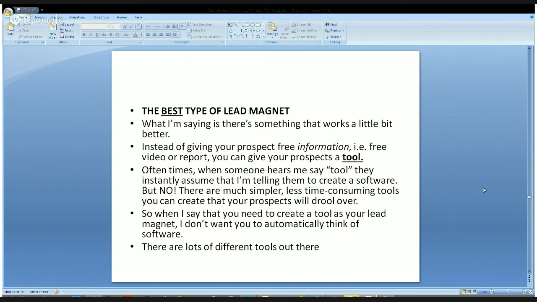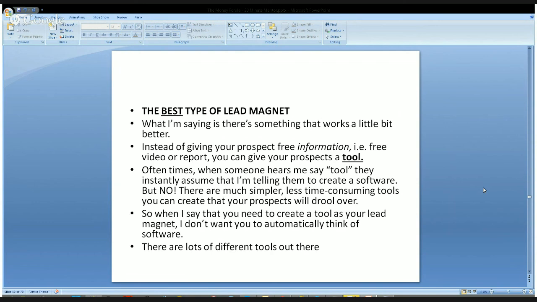Now, often when people hear me say tool, they instantly assume that I'm telling them to create software or do something really grand. But no, much simpler than that. And less time-consuming tools you can create that your prospects will literally drool over. So when I say that you can create tools as your lead magnet, don't automatically think of software.